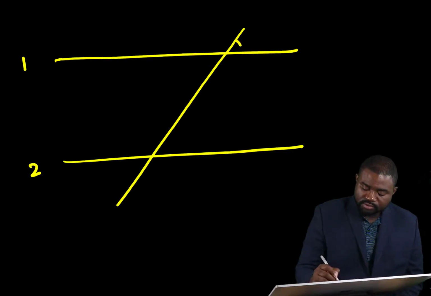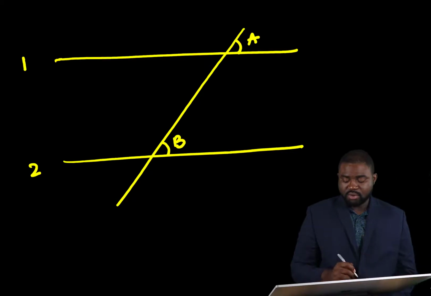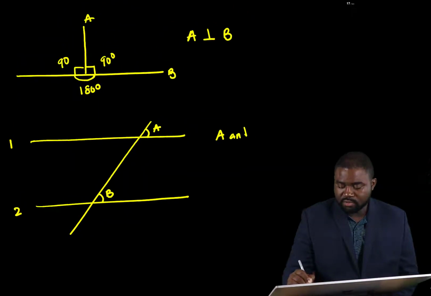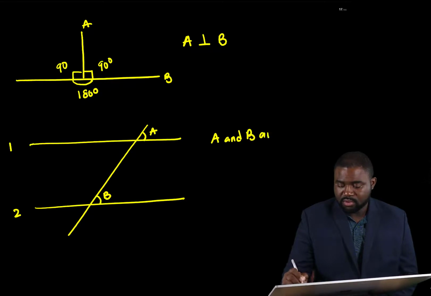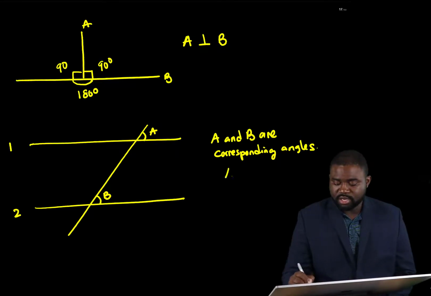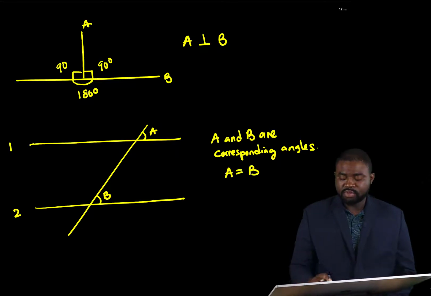This angle, let me call this angle A, and this angle, let me call this angle B, are corresponding angles, so they are equal. So A and B are corresponding angles, and they are equal. A is equal to B.